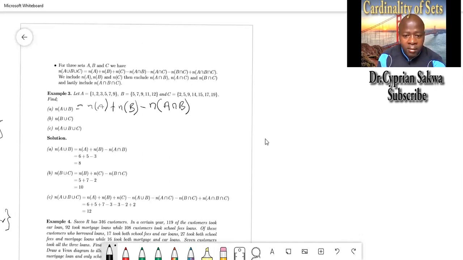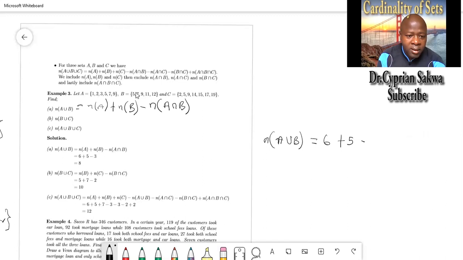So we are getting the number of elements in A union B, and we've already stated the formula here. The number of elements in A are 1, 2, 3, 4, 5, 6. The number of elements in B are 1, 2, 3, 4, 5. And then those in the intersection. Let's see which ones are in the intersection.